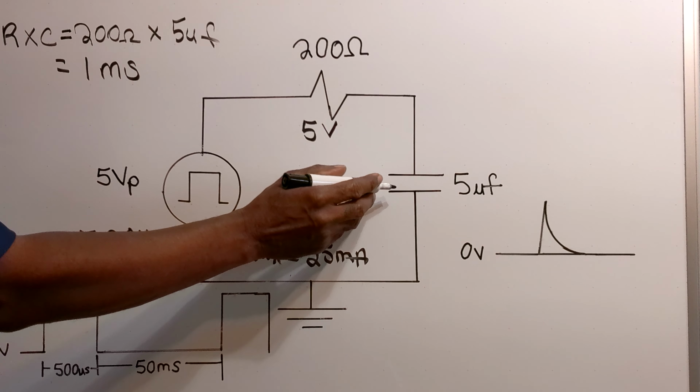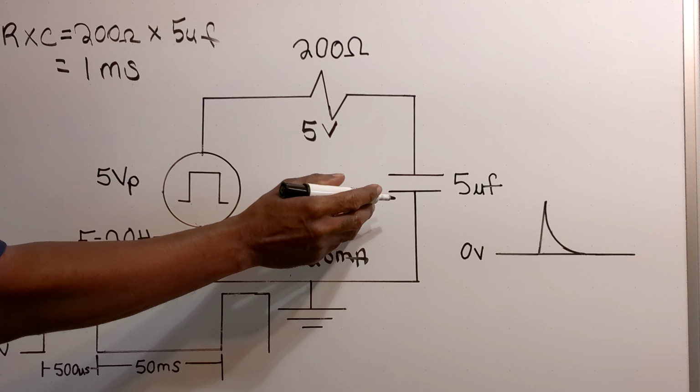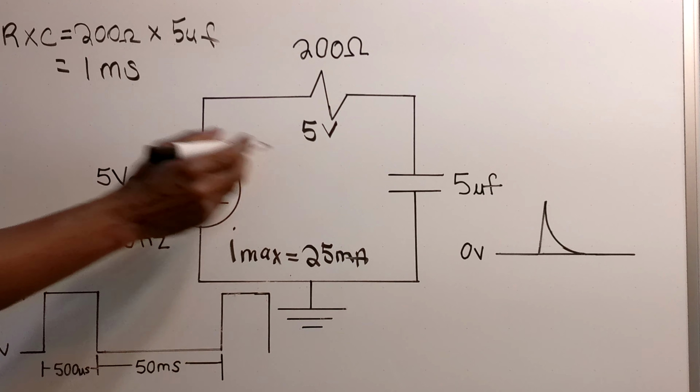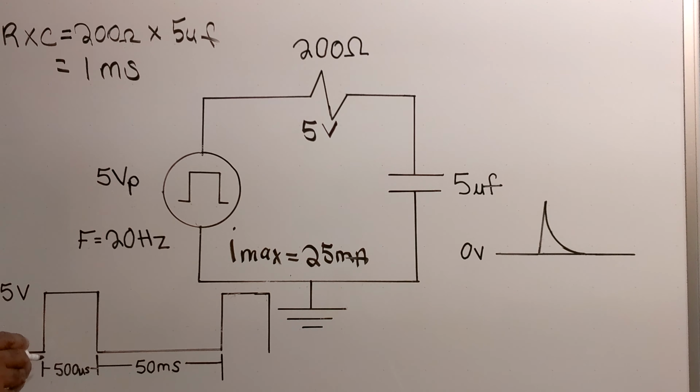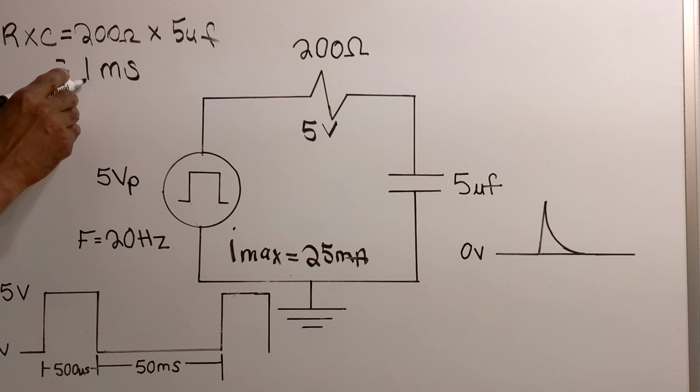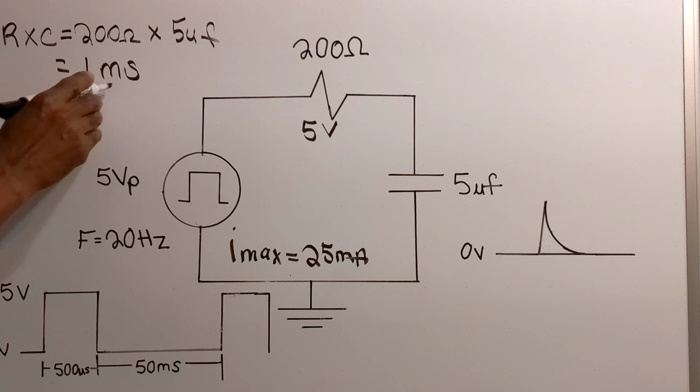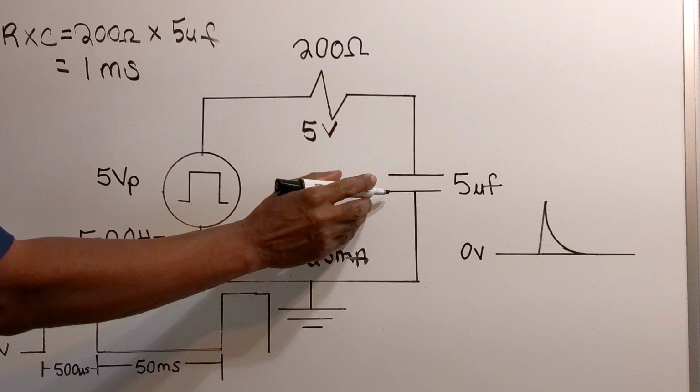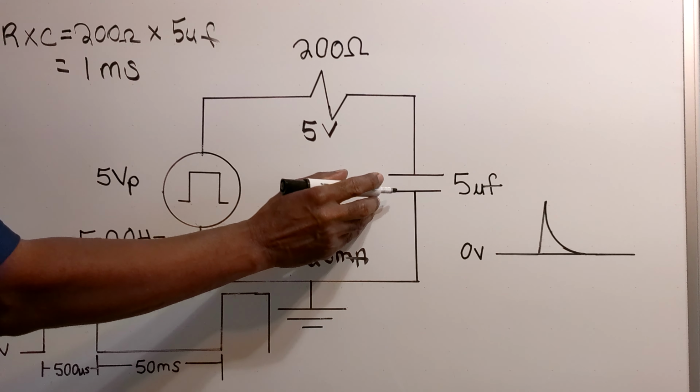Now, what about my voltage across my capacitor? I'm going to use my pulse width of 500 microseconds and my RC time constant of 1 millisecond, and I will find my maximum voltage across my 5 microfarad capacitor.